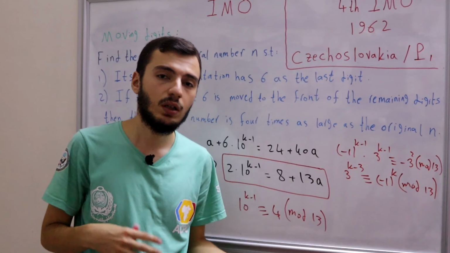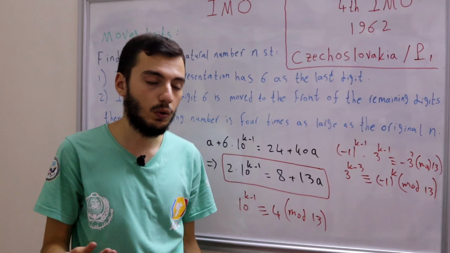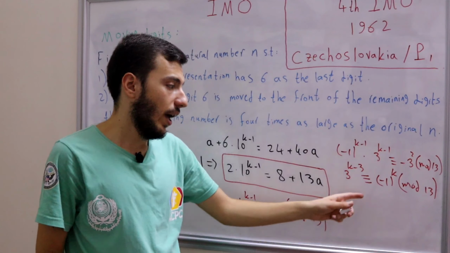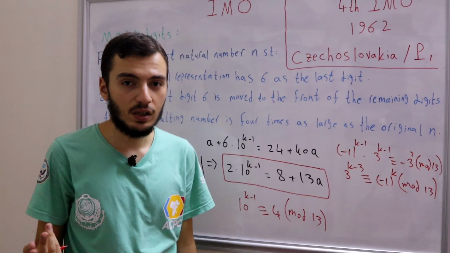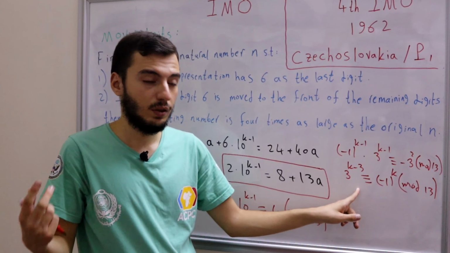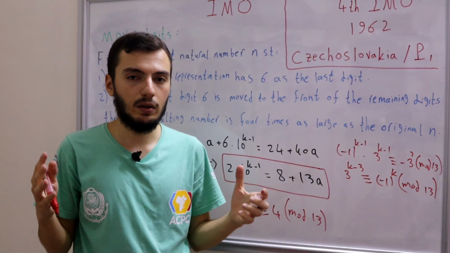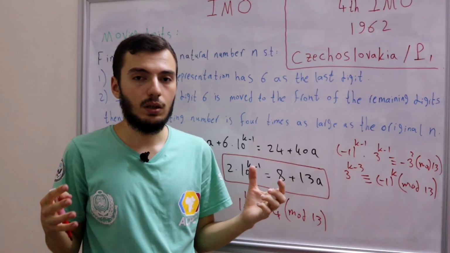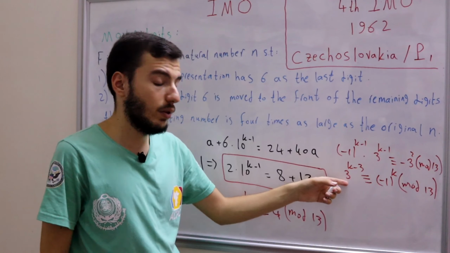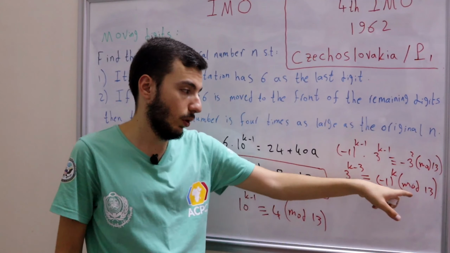So it's either negative 1 or 1 depending on k. Is it even or odd? Actually, we don't need to discuss the two cases, because guess what? We can square both sides, right? In any equation we can square the two sides, and here the same for modulo equations as well.